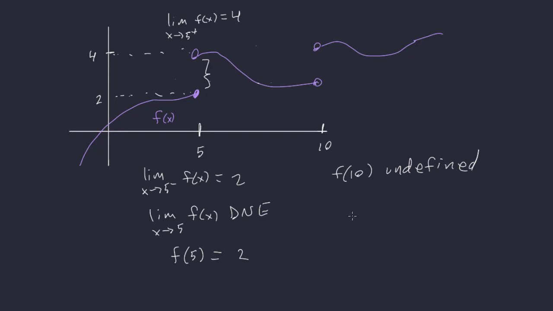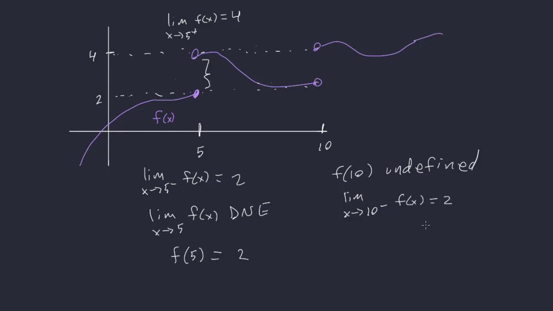And the left side, let's just say it's also 4 and 2. Let's just say it lines up. But here the limit as x goes to 10 from the left is also 2.